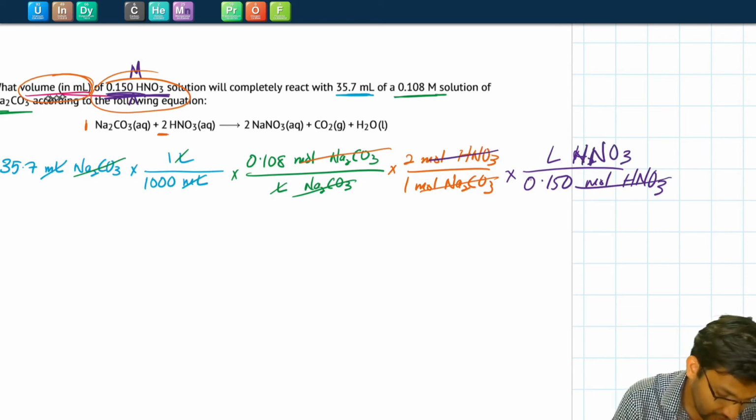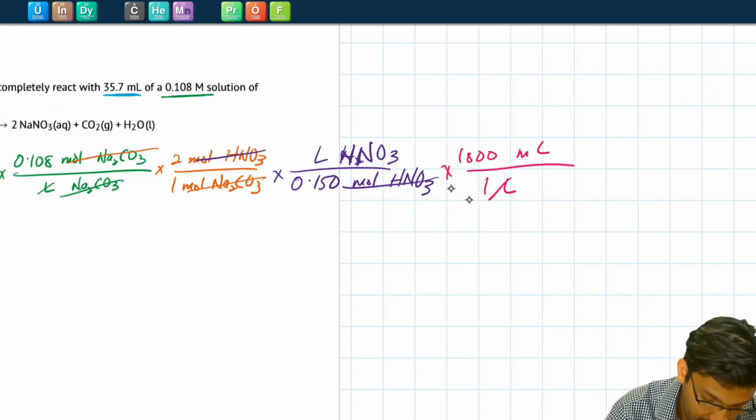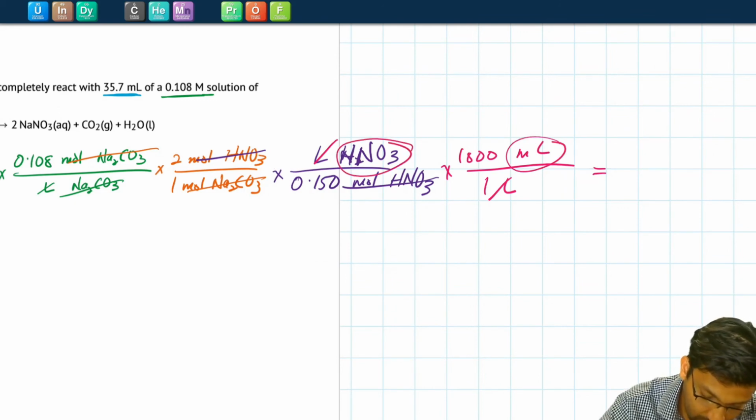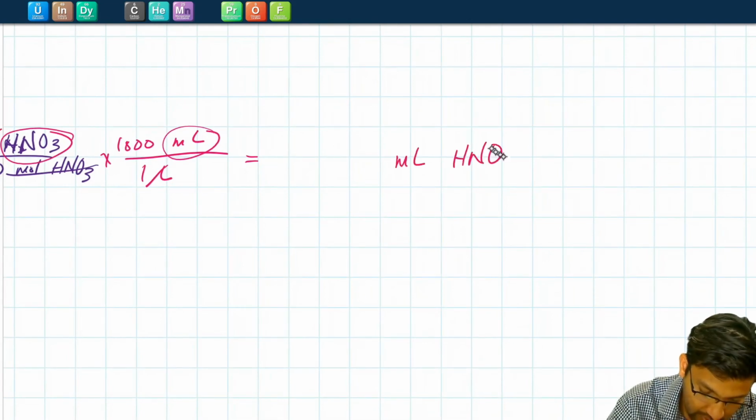However, they want the volume in milliliters, so we need to convert liters to milliliters. So finally, 1 liter is 1,000 milliliters. So our answer should be in milliliters of nitric acid.